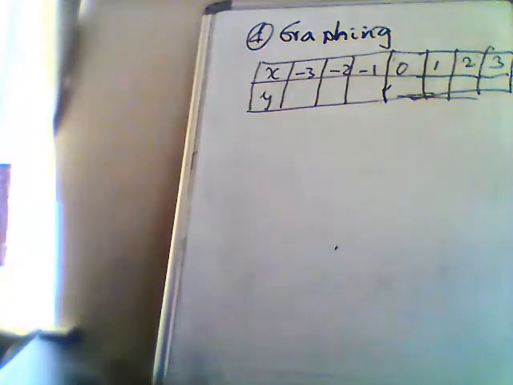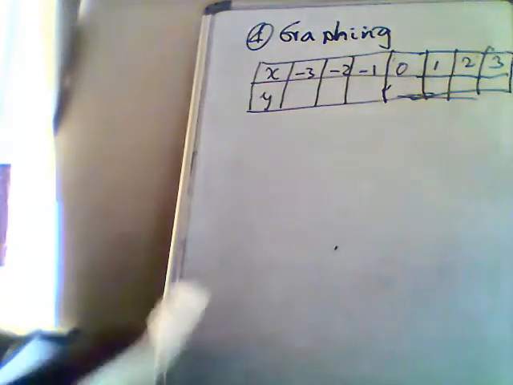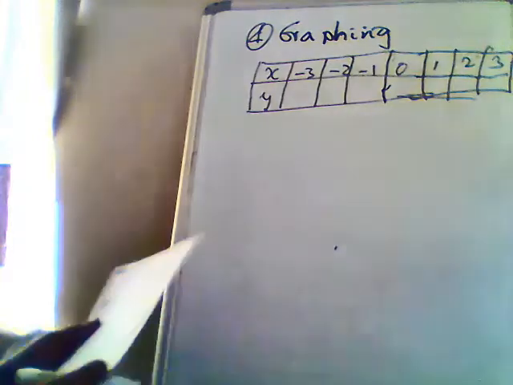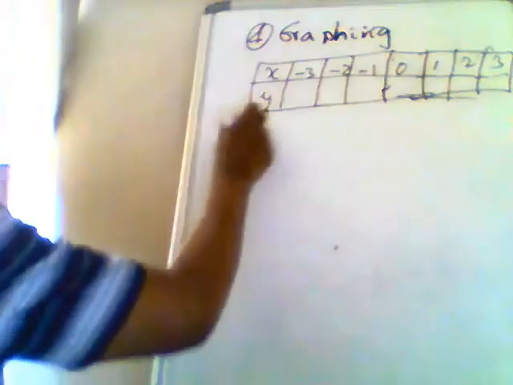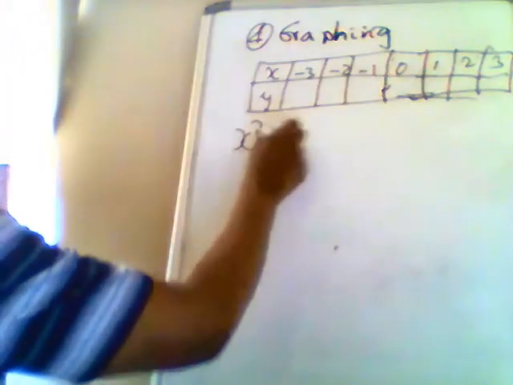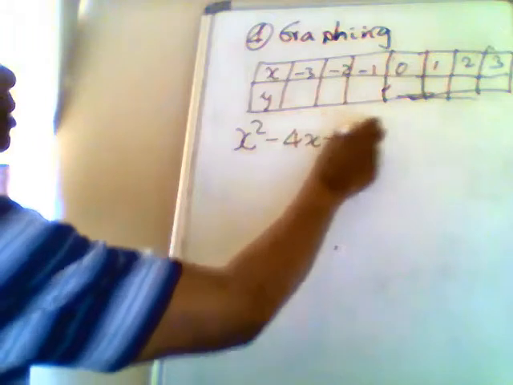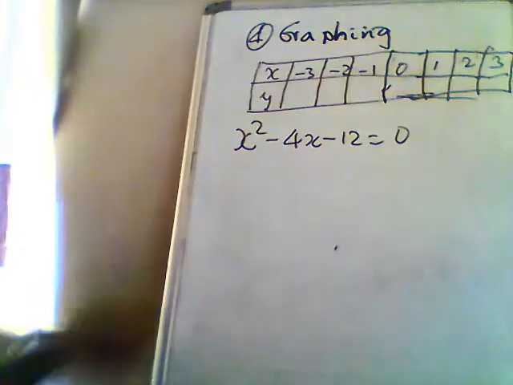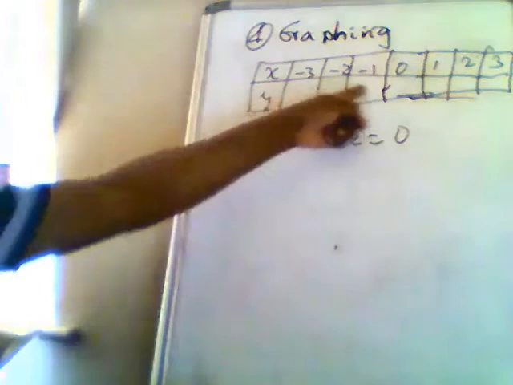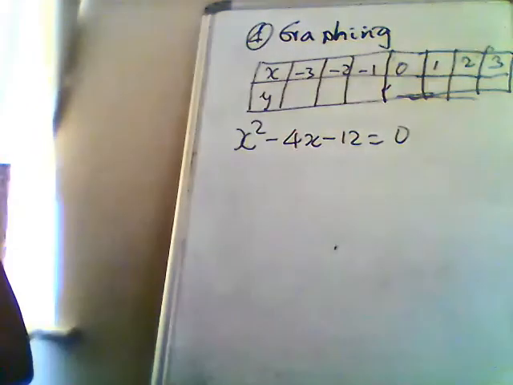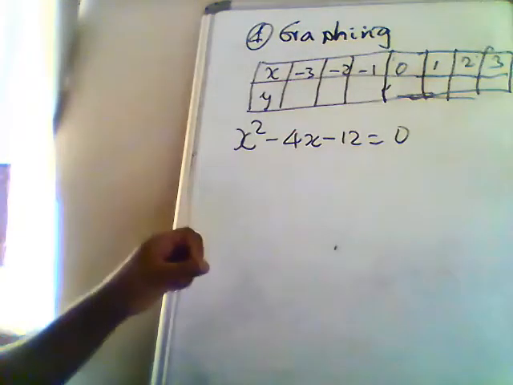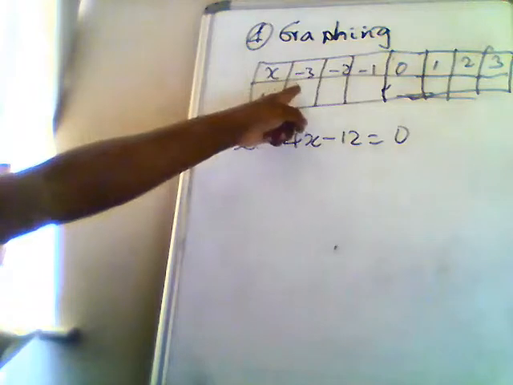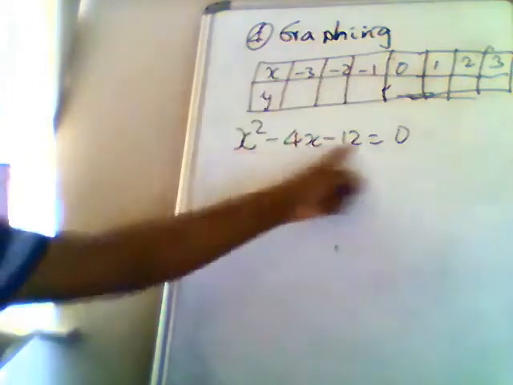So if we look at the equation that we had, x squared minus 4x minus 12 equals 0, we can work out the values of y by substituting these values into this equation.